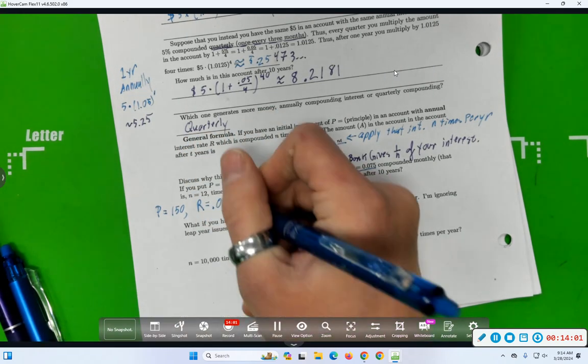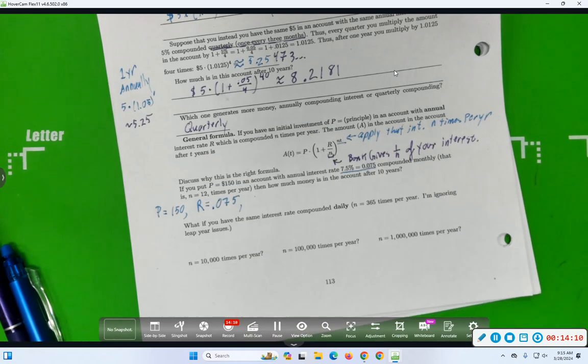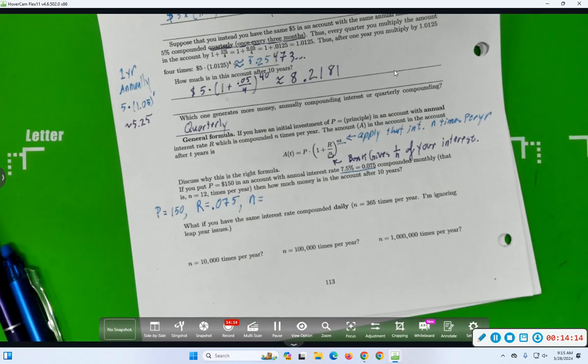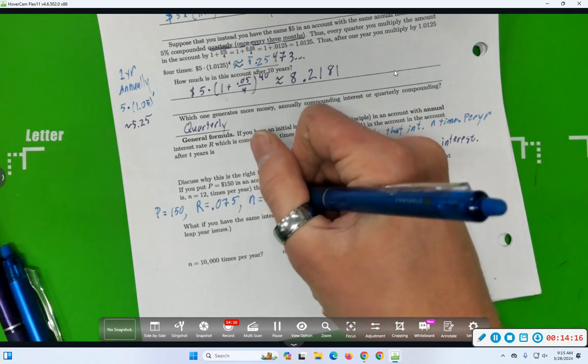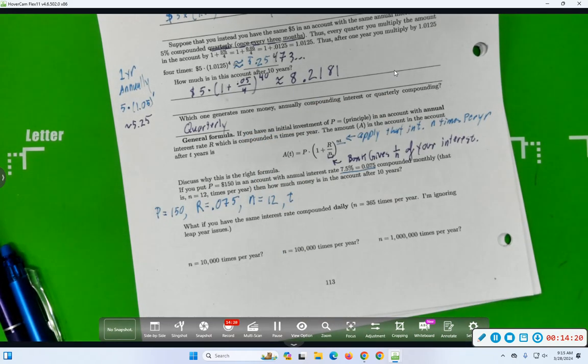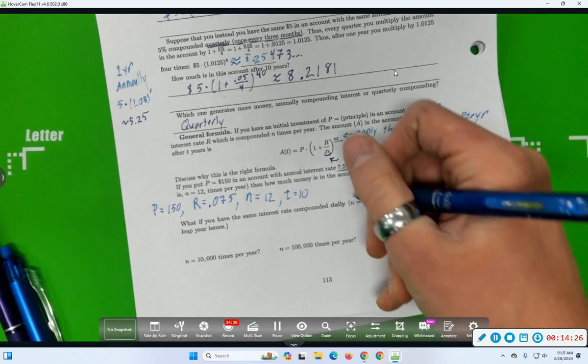In order to avoid confusing myself, I'm going to write that as 0.075 out of 1 now. How many times is it compounding per year? 12. How long am I going to hold it in the account? 10 years. So, there are all the values.